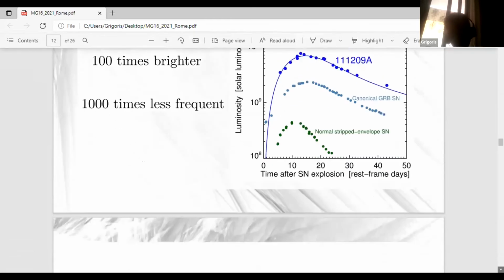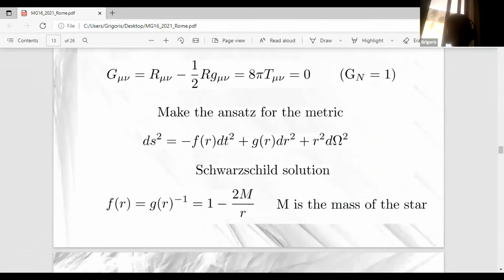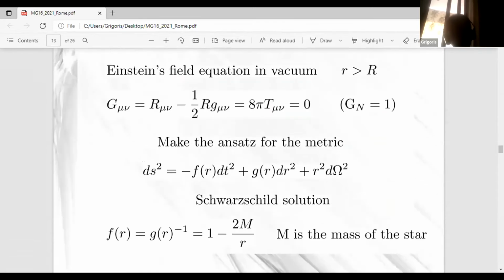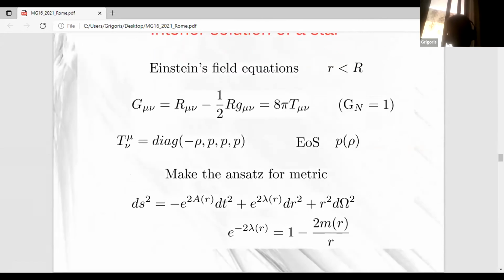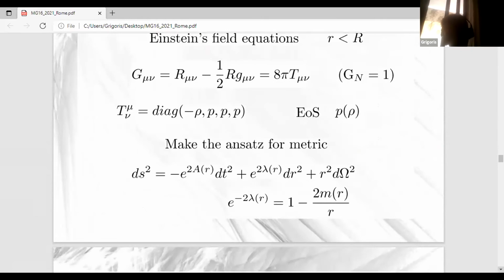So within GR, in order to study relativistic compact stars, first, in the exterior problem, we find vacuum solutions where matter is not present. So in this case, one obtains the well-known Schwarzschild solution. And then inside the star, where matter is present, one obtains the standard Tolman-Oppenheimer-Volkov equations.